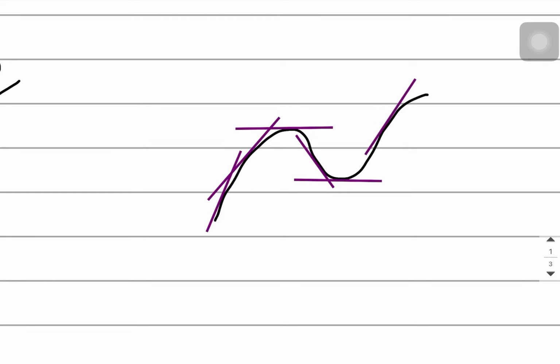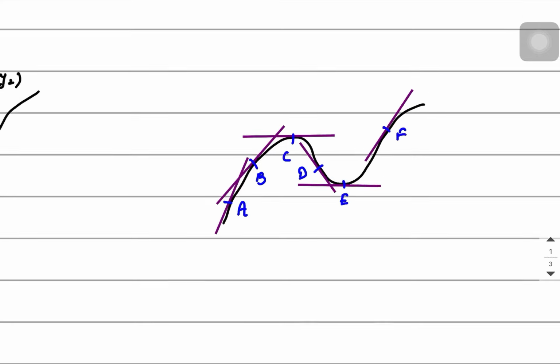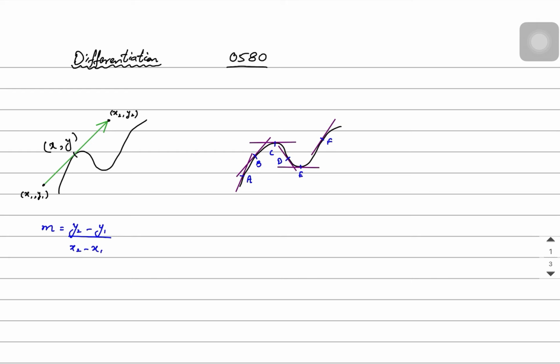So let's say I have different points. This point is A, this point is B, this is C, this is D, this is E, and this is F. So at different points I have different patterns. You can clearly see that at point A my curve is basically increasing, and at B again it's increasing, but at C I would say it's neither increasing nor decreasing.